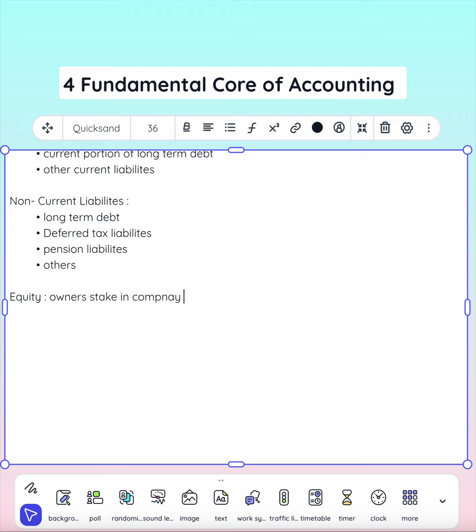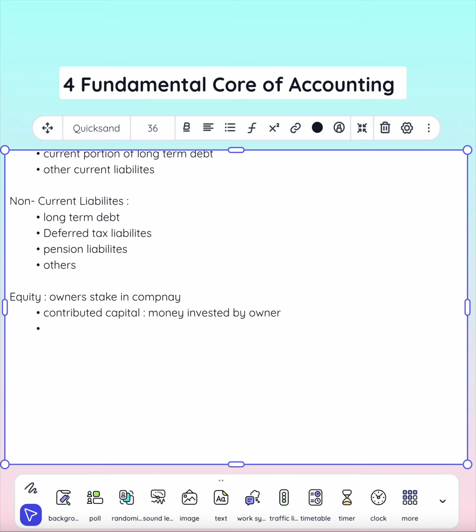It is the residual interest in the assets after deducting the liabilities. You have contributed capital, the amount of money the owners have invested in the company.